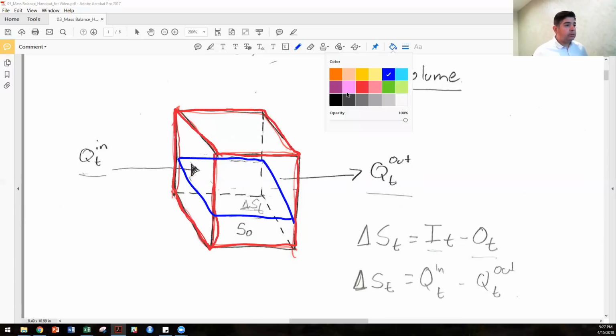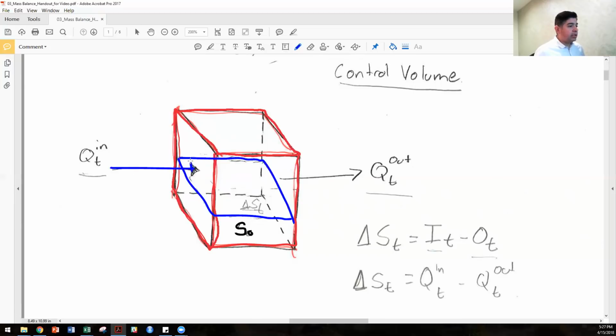We call it the initial storage, or SO. Now, a certain amount of water will get into this control volume, and a certain amount of water will go out of that control volume.